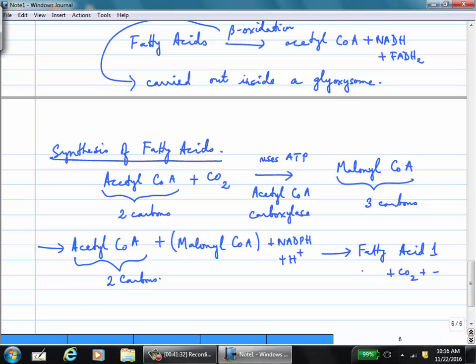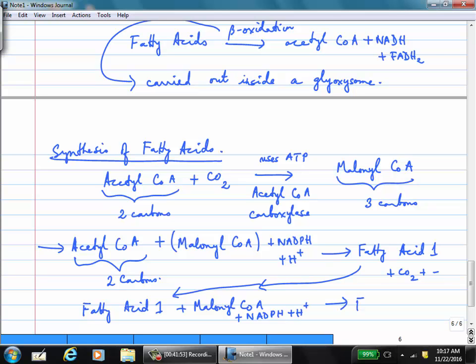So you take this fatty acid 1, and then you make that react with malonyl coenzyme A plus NADPH plus hydrogen ion. It'll give you the second fatty acid, fatty acid 2 plus carbon dioxide.